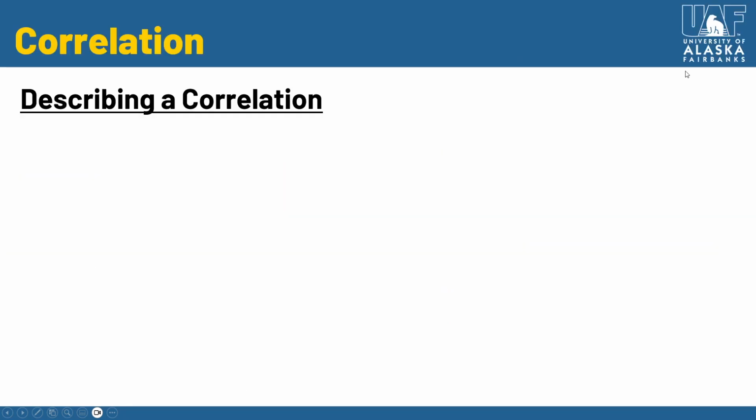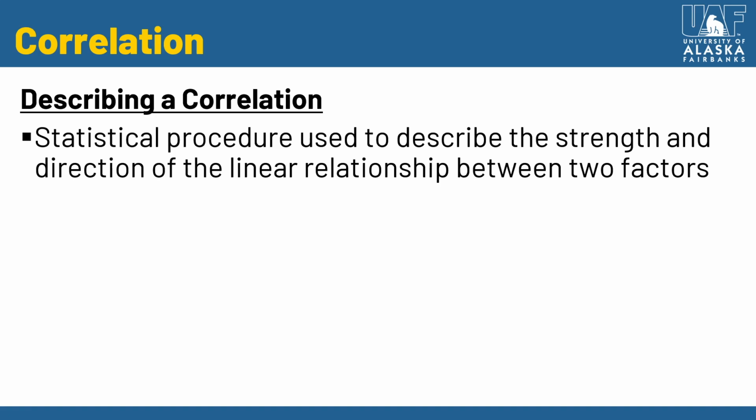First, let's go high level. What is a correlation? I'll start by saying that this is a word that has entered the lexicon. I've heard this in contexts completely unrelated to statistics. You might have heard people say things are correlated, or come across correlations in other classes. In this context, this is a statistical procedure.